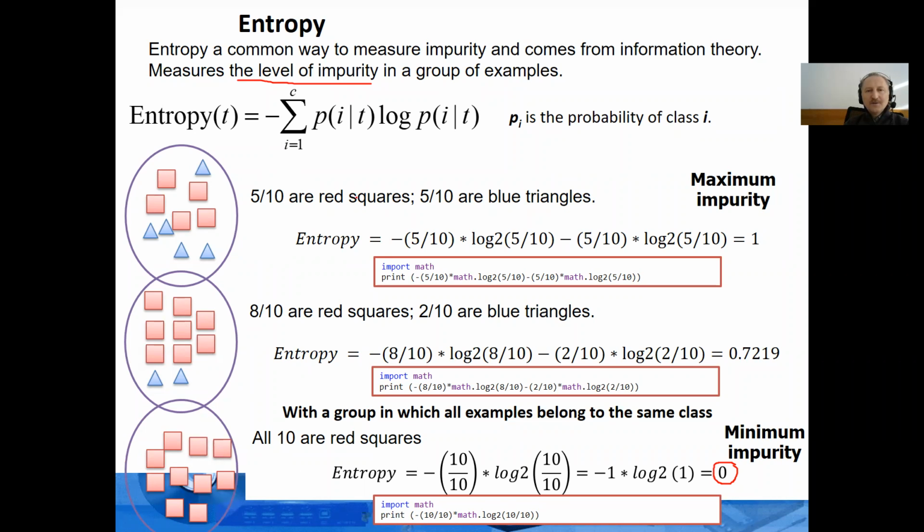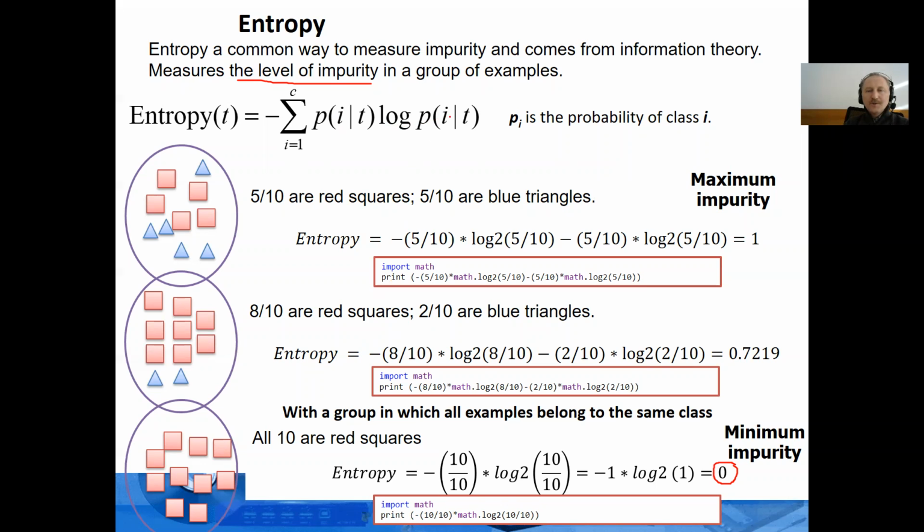How can you calculate it? By using this formula: the sum of the probability of each class times the base 2 logarithm of the probability of each class.